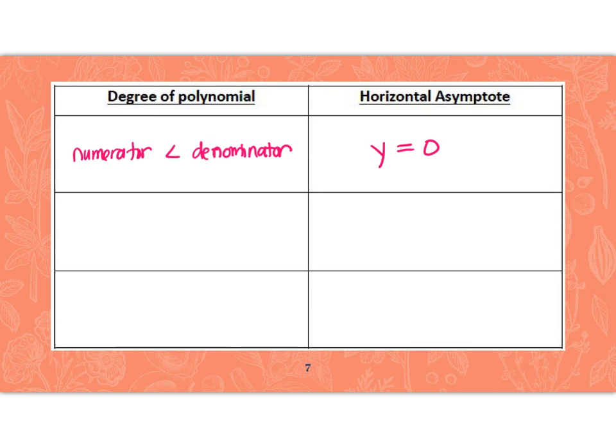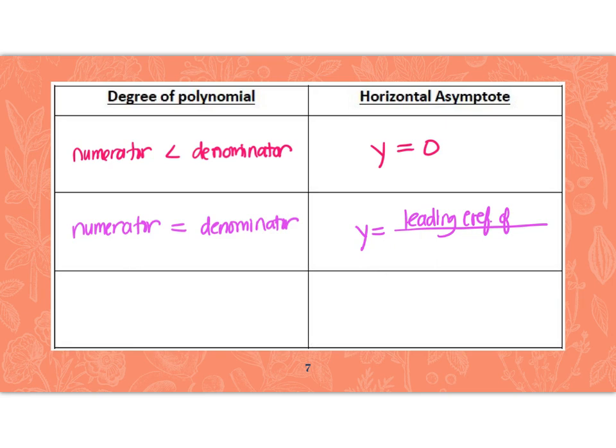If the degree of your numerator equals the degree of your denominator, your horizontal asymptote is at y equals leading coefficient of numerator over leading coefficient of denominator.